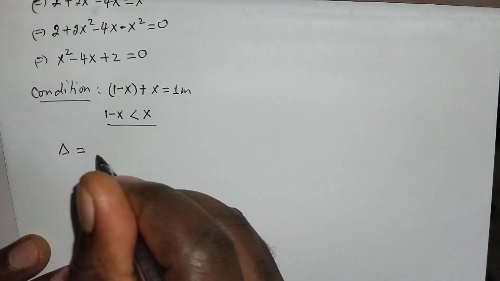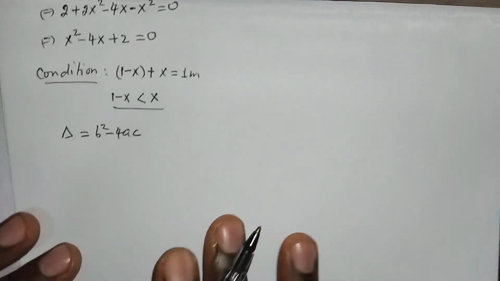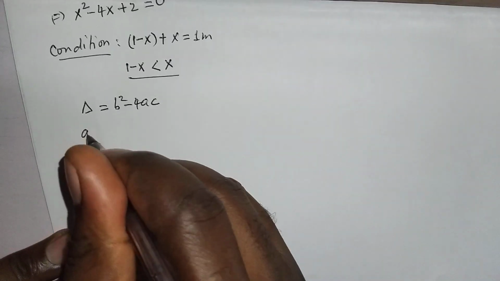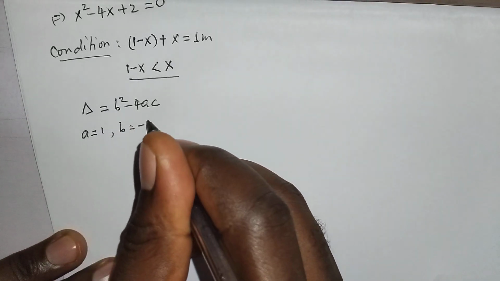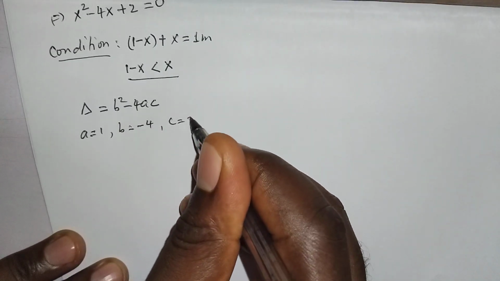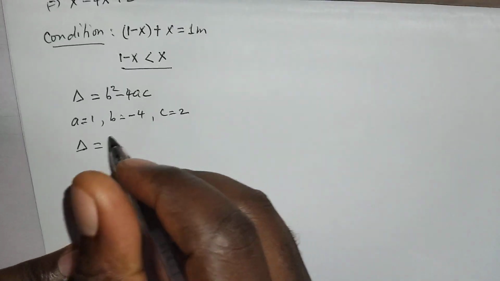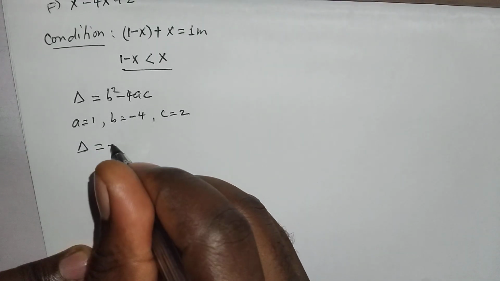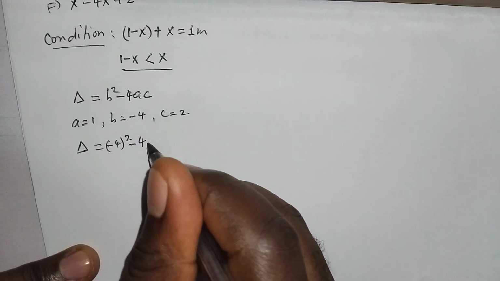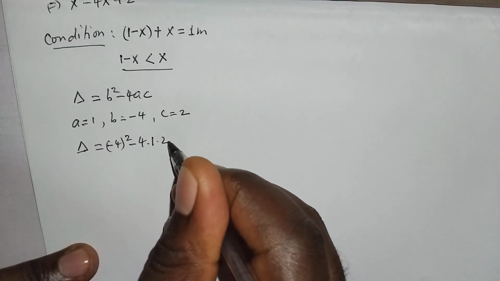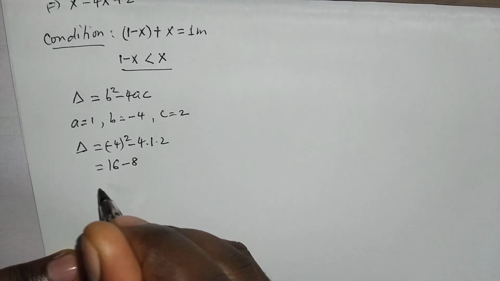Delta is equal to b squared minus 4ac. Here a is equal to 1, b is equal to negative 4, and c is equal to 2. Delta is equal to negative 4 squared minus 4 times a times c, 1 times 2, which is 16 minus 8.